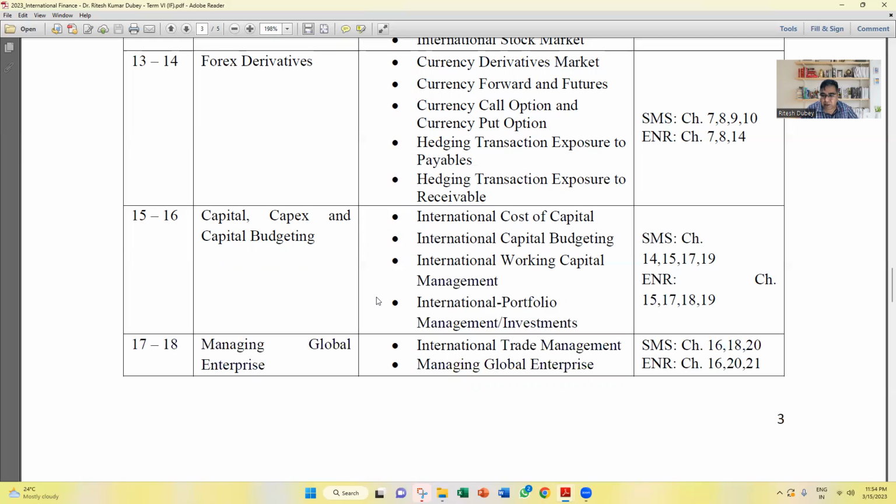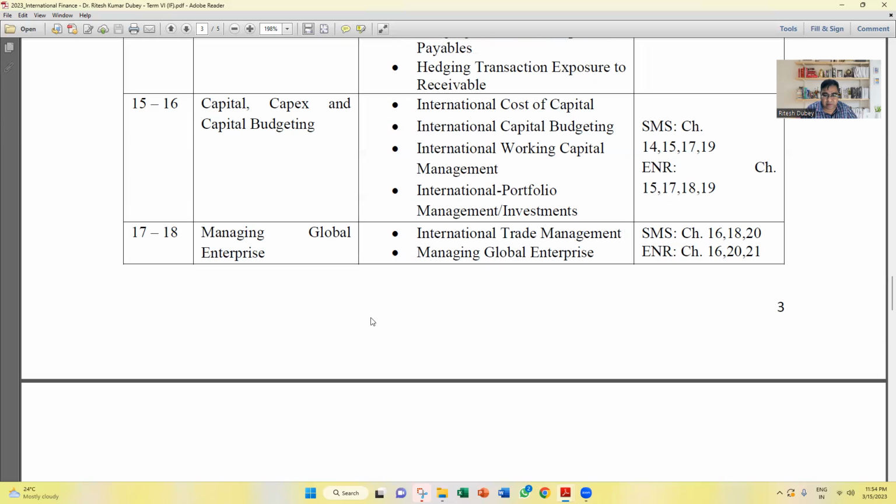What are the things that I need to consider? What are the things that change in the case of an international capital budgeting exercise? So we will look at the international cost of capital, working capital management, and if we have to create a portfolio of international assets, how do we deal with that?